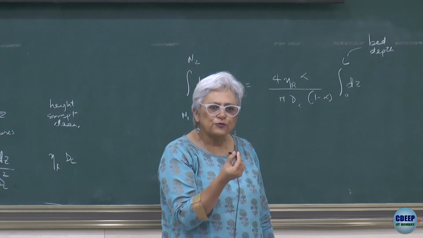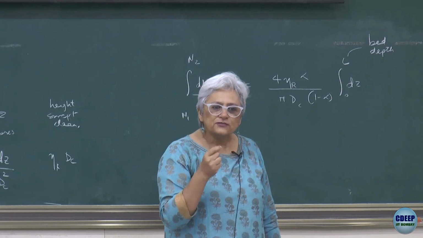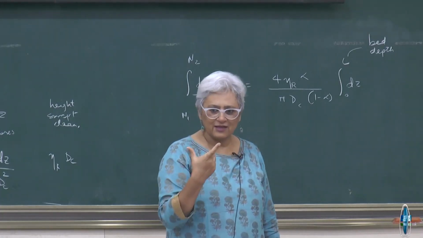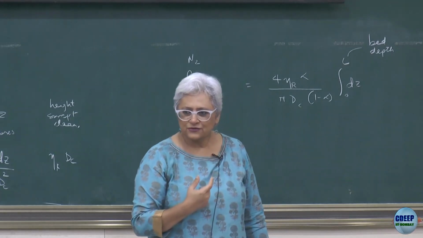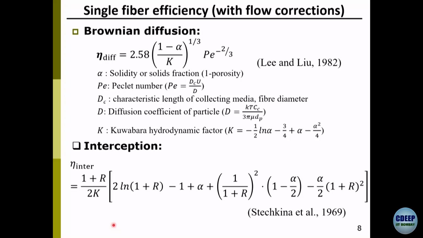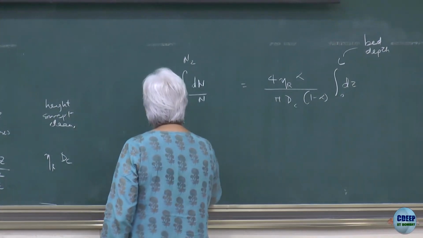It's going to be a few millimeters, but you have fibers of a few micrometers, right? So you already have a factor of 10 to the 3 in terms of dimension between the fiber and the filter thickness, right? So now that you have this, you can go ahead and get yourself a bed efficiency.